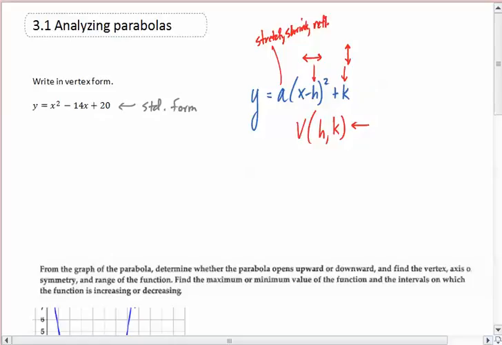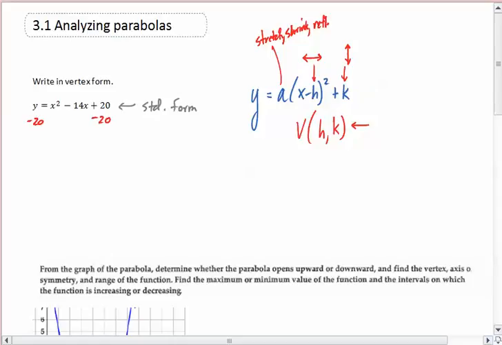So let's take a look at how to get the standard form into vertex form so that we can look and know exactly where the vertex is. Once we have the vertex of a parabola, we can tell a whole lot of information about the whole function. So let's go ahead and take a look at what we would do here. The first thing we're going to do is remove the constant from the end.